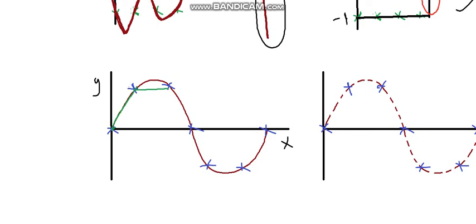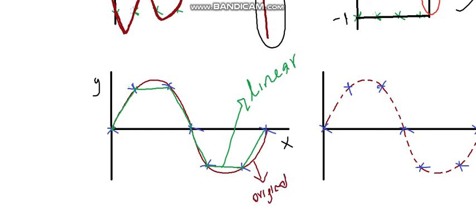It will be almost like this, and again come back. So this green one will be your linear interpolation, and this brown color is your original function, the sine function, sine of x.